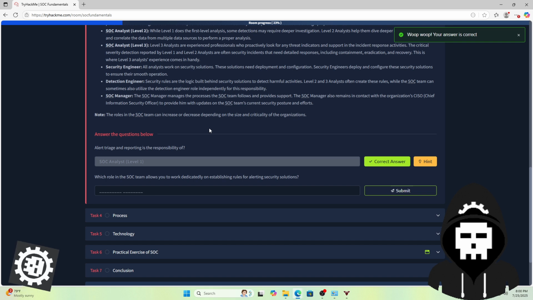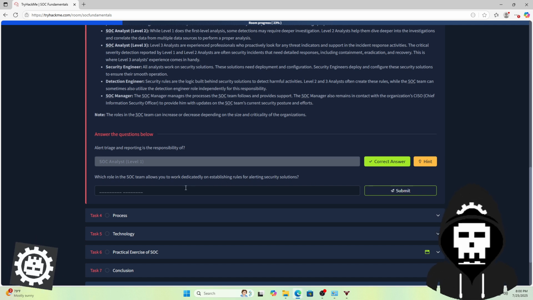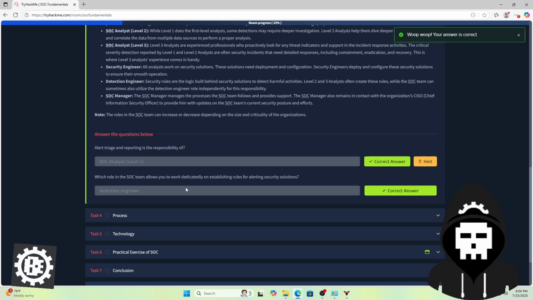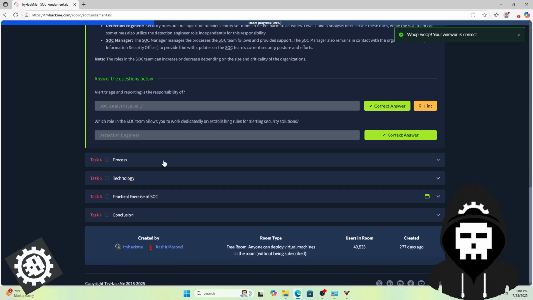Woohoo! And the role in the SOC team that allows you to work dedicatedly on establishing rules for alerting security solutions. We just talked about that. That would be a detection engineer.